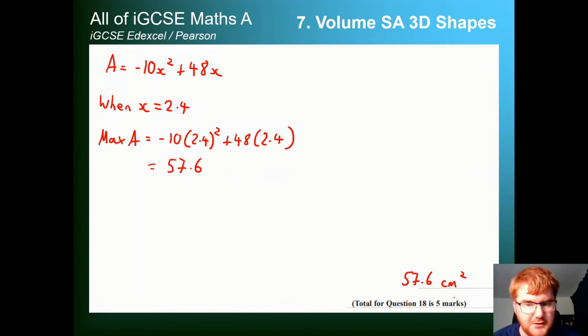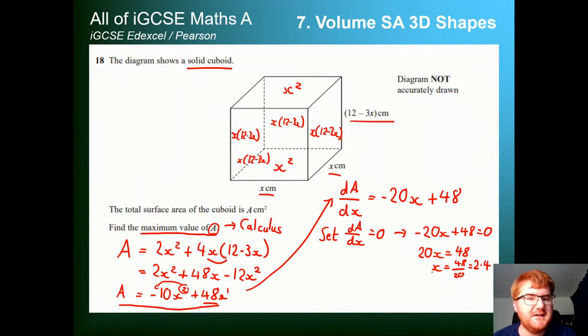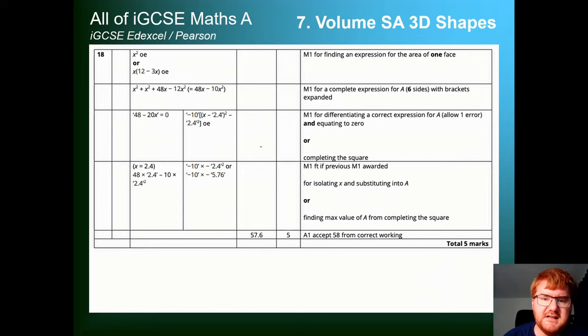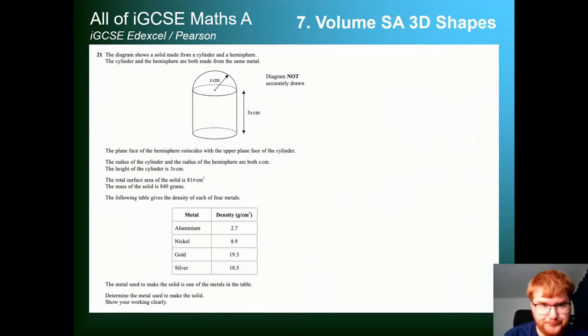Remember units: 57.6 square centimeters. So notice, even with these sort of volume questions, we've got some quadratics in there, we've got some calculus in there. So just be aware of those high-level questions. You do need to have a good understanding of the entire syllabus. So you can see the answer here, 57.6, and then the working associated with that.